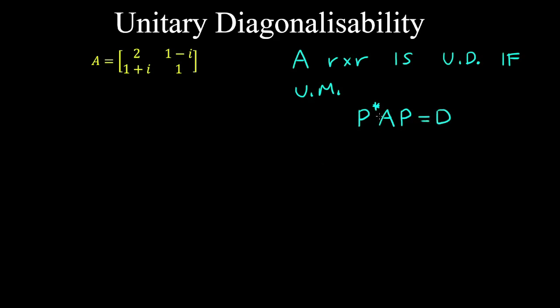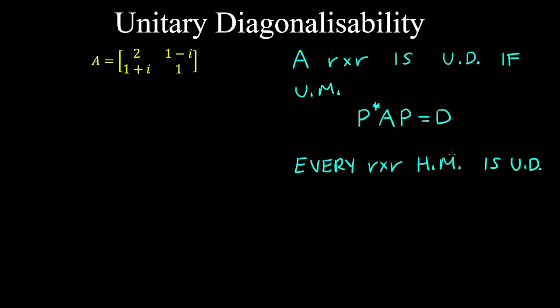So in this case, P unitarily diagonalizes A. Now in particular, every square Hermitian matrix is unitarily diagonalizable, similar to every square symmetric real matrix being orthogonally diagonalizable.